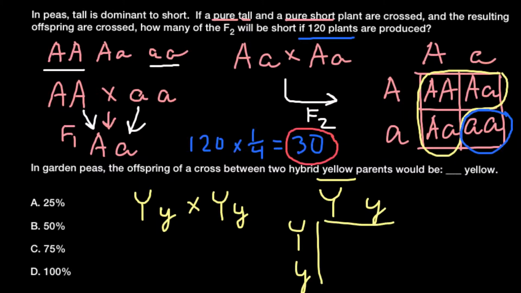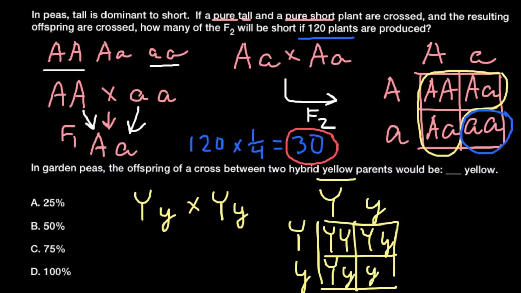As you see, here we have capital Y, capital Y, so it would be yellow. Here we have capital Y, small y, also phenotypically yellow. Here we have capital Y, small y, phenotypically yellow, and small y, small y here, phenotypically white.